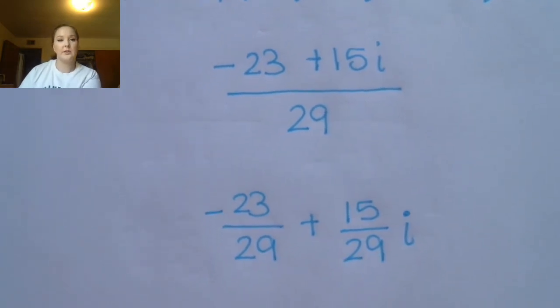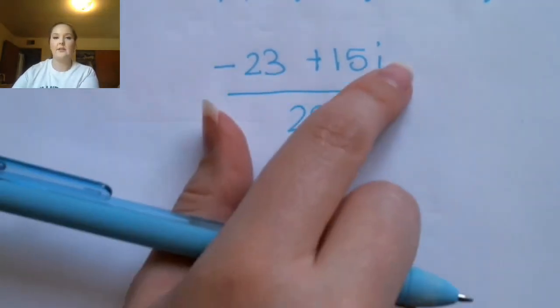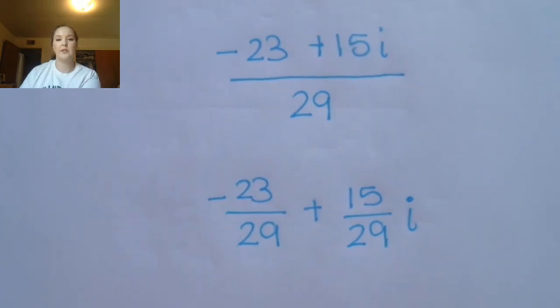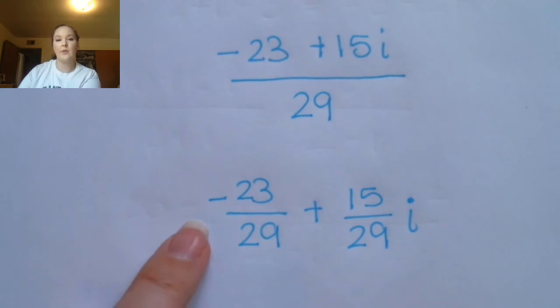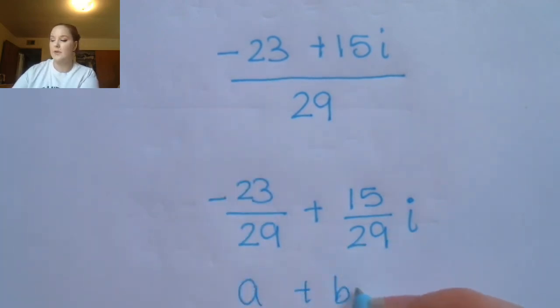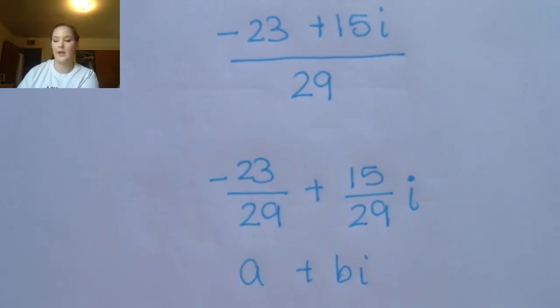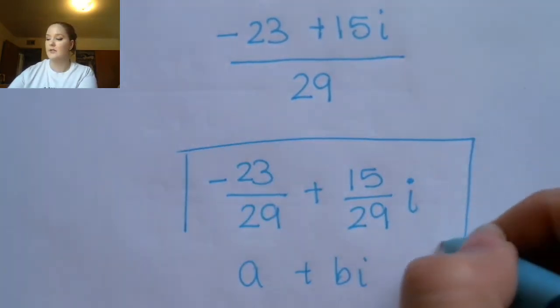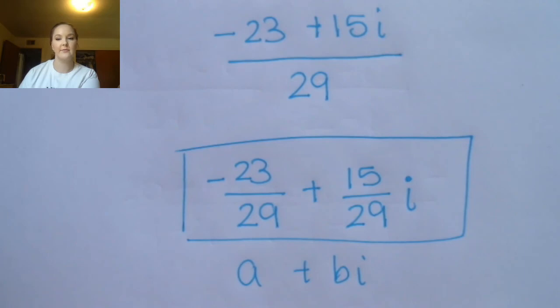So we're still splitting it up to divide here and divide here, and we're just going to leave our answer in fraction form. It's important to write it like this versus like this because this is our a plus bi format. So make sure your answer is looking like this.